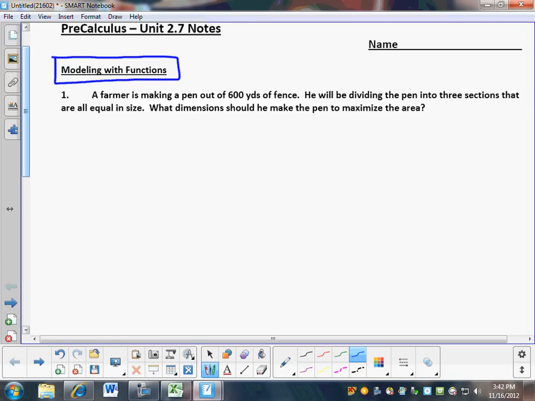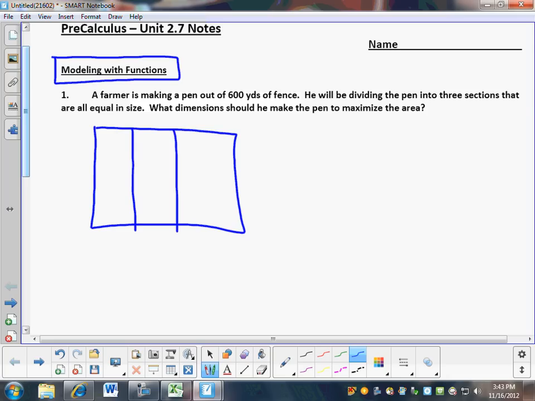So, we got a farmer. He's going to make his pen. He's going to divide it into 3 sections. They're all the same size. He's got a total of 600 yards of fence.